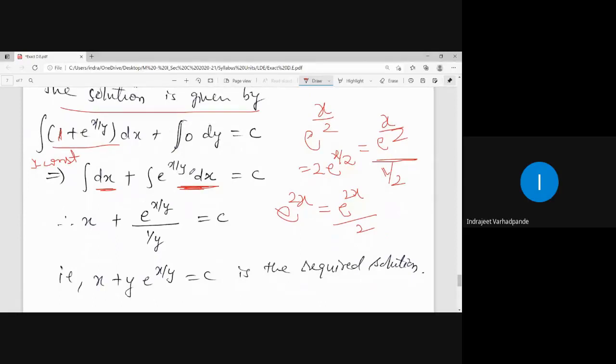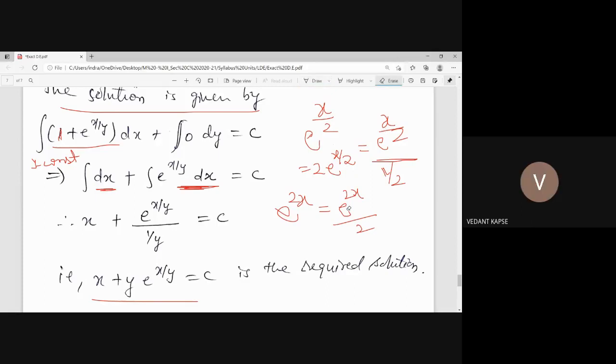In e to the power x by y, what is constant? 1 by y. So I will have to divide by what term? 1 by y. This y goes to the numerator. So what does it become? y into e to the power x by y. I hope the solution is justified.